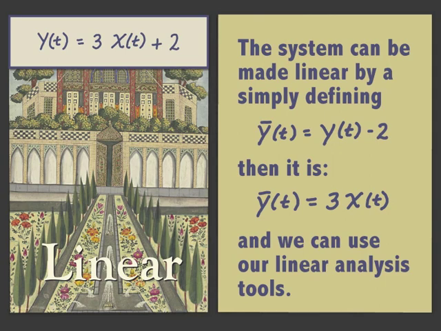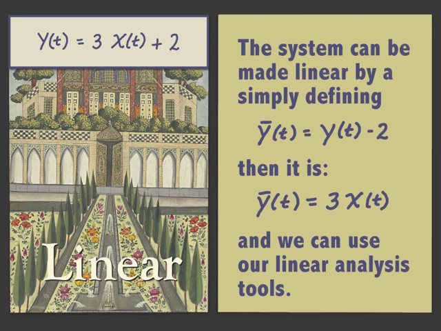In fact, by doing a simple change in the output, we can actually make the affine system into a linear system. All we have to do is define a new output, y bar, which is the original output, y of t, with 2 subtracted from it. Once we do that, the relationship between the input x and y bar is y bar equals 3x of t.